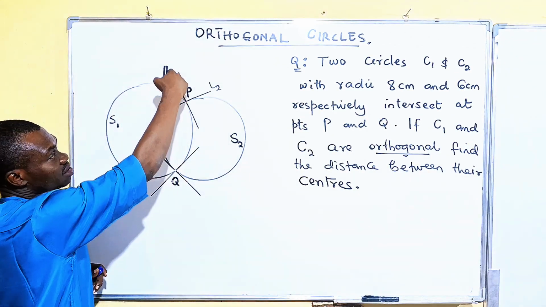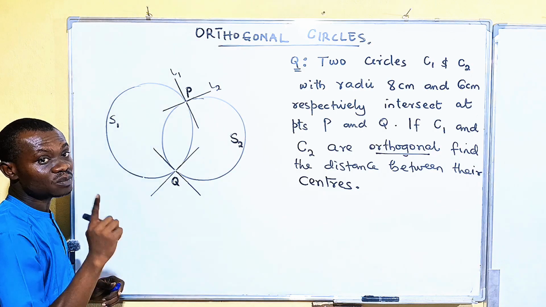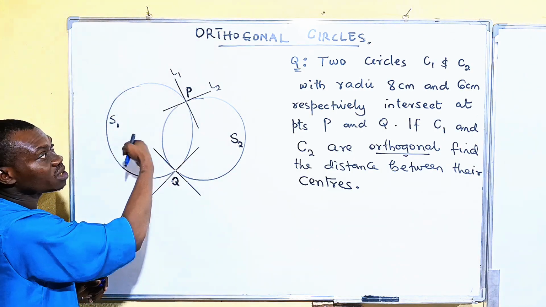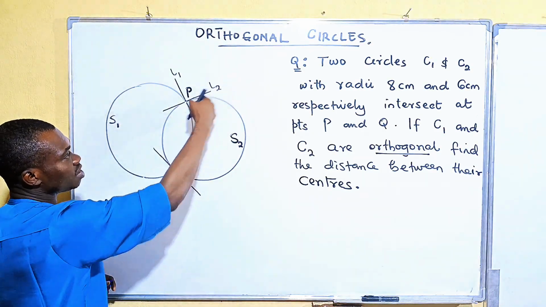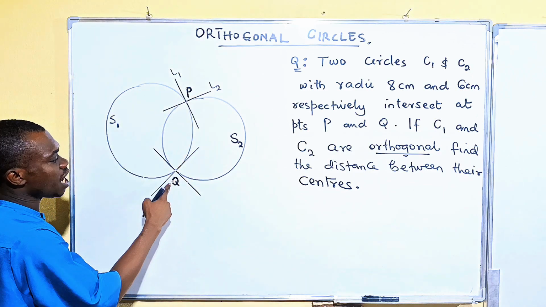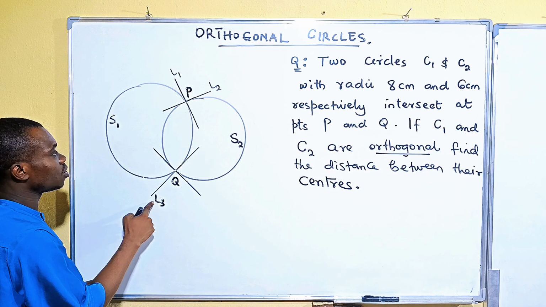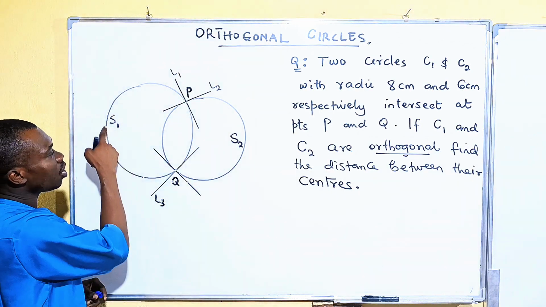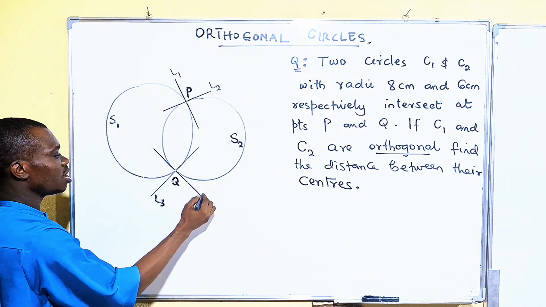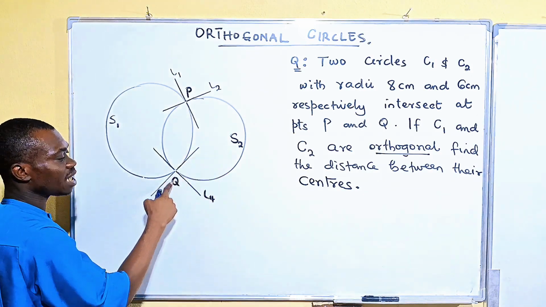Meanwhile, notice that this straight line called L1 is a tangent on S1, while line L2 is a tangent on S2 at point P. I can call this L3, a tangent on S1 at Q, and this one L4, a tangent on S2 at Q.